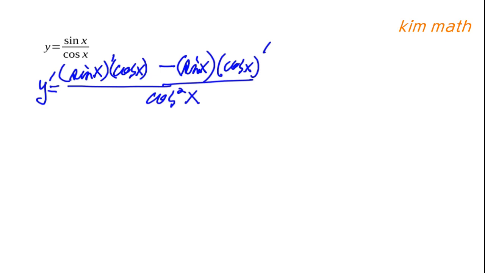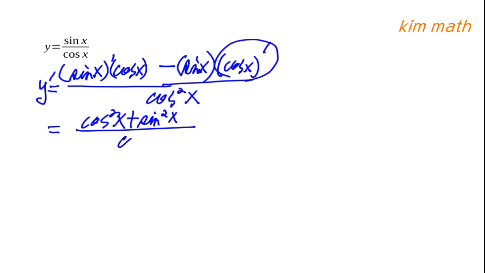Okay, so for this one, the derivative of sine is cosine, so this is cosine squared of x, and the derivative of cosine is negative sine of x, so this will be positive sine squared of x over cosine squared of x.